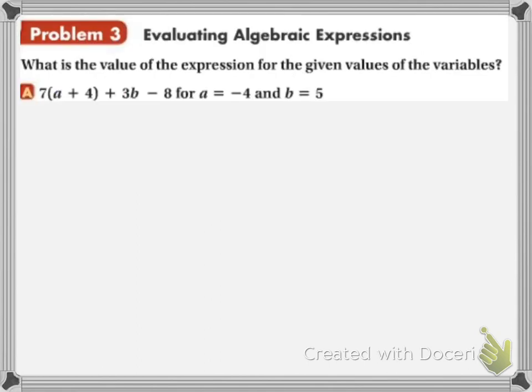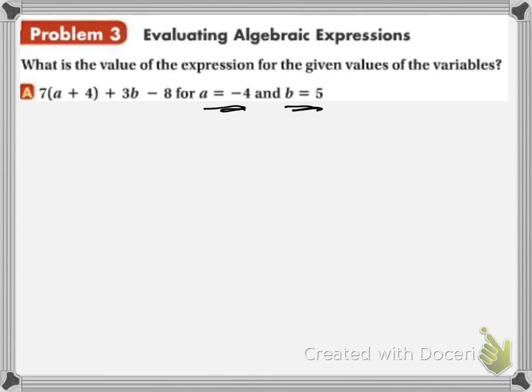Problem 3 talks about evaluating algebraic expressions. What is the value of the expression for the given values of the variables? Here it's 7 times (a plus 4) plus 3b minus 8, for a equals negative 4 and b equals 5. All we're going to do is substitute those numbers in where they go in the problem. I always make sure I substitute in parentheses.